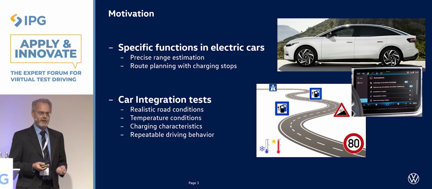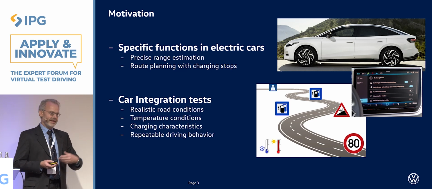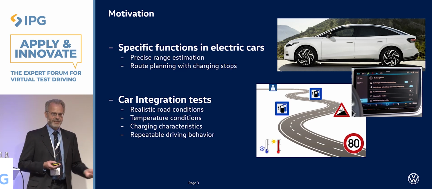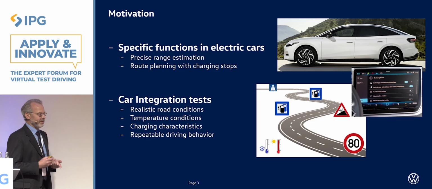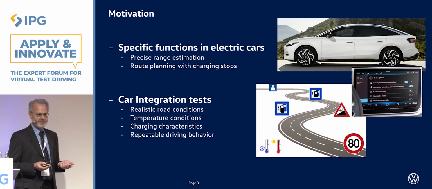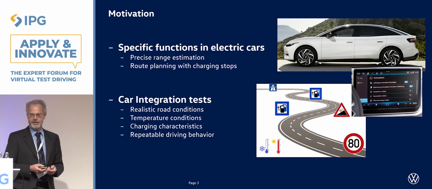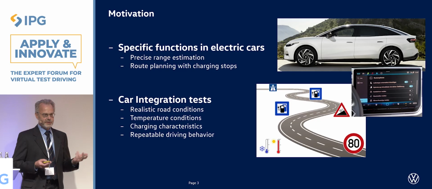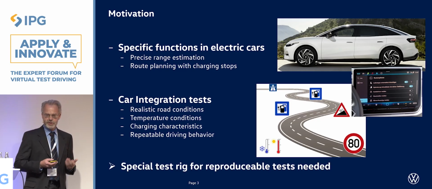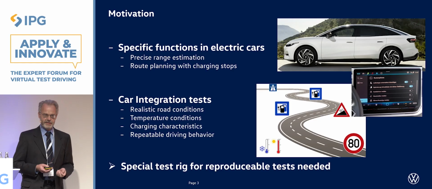Of course, you can say, let's define a route where you drive on and do this over and over again, but then you don't get repeatable results. Furthermore, the temperature you can't influence on a real drive, so you have long times between similar test executions, so you better look for a specialized test rig that enables really repeatable tests.